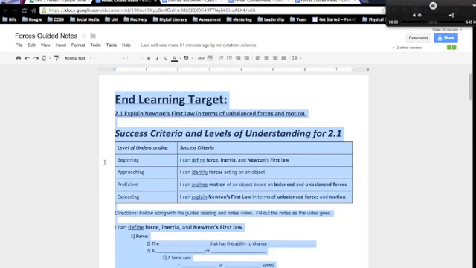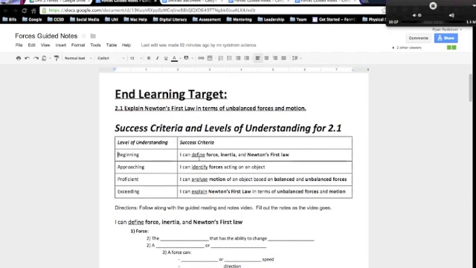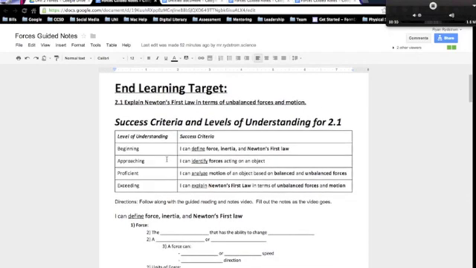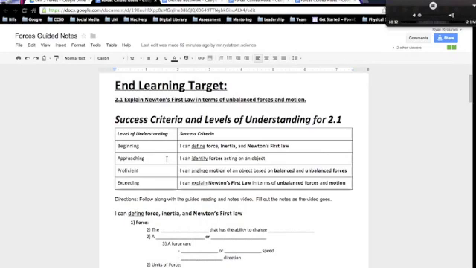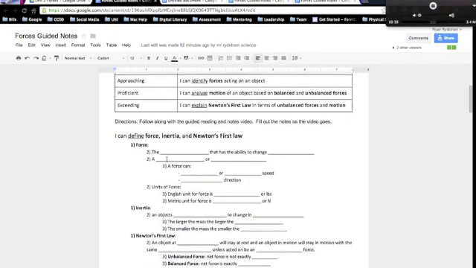Success criteria, like usual. All right, I can define, I can identify, I can analyze, I can explain, but also with that success criteria tells you your level of understanding. This should clearly tell you where you are at in your understanding. Also, we have broken down the notes into your success criteria.